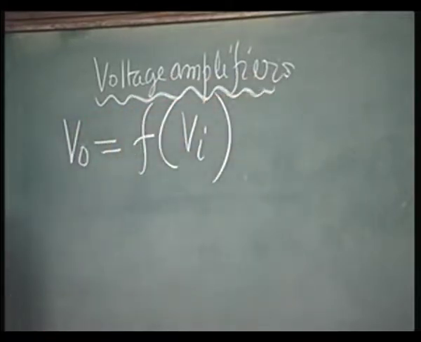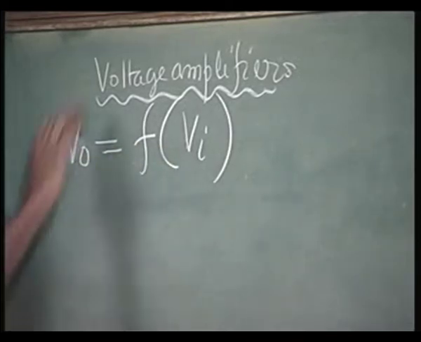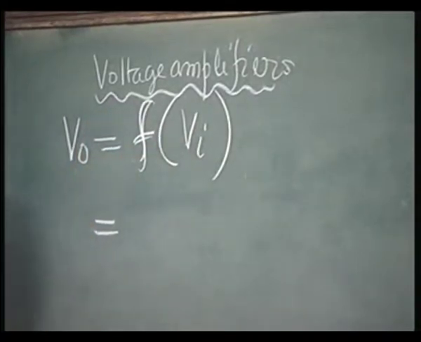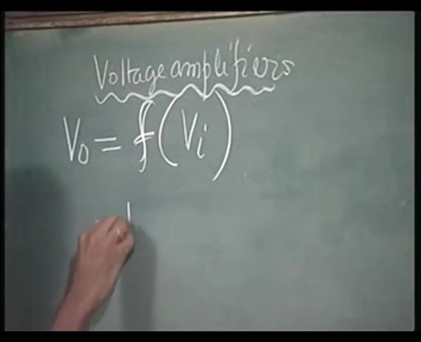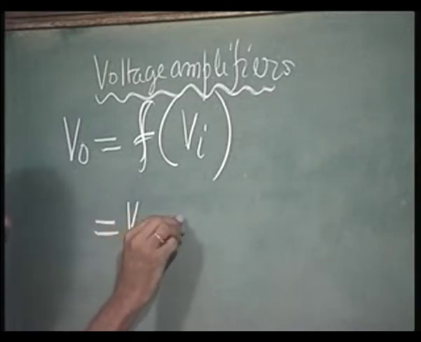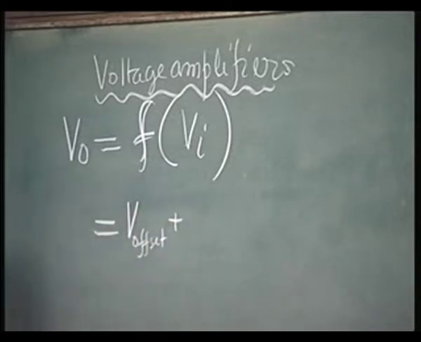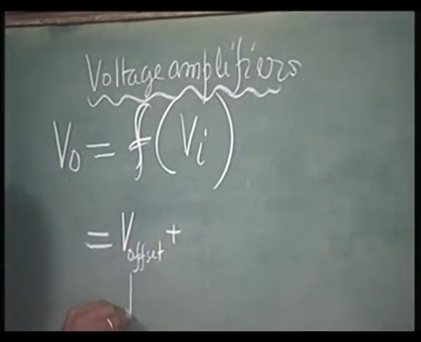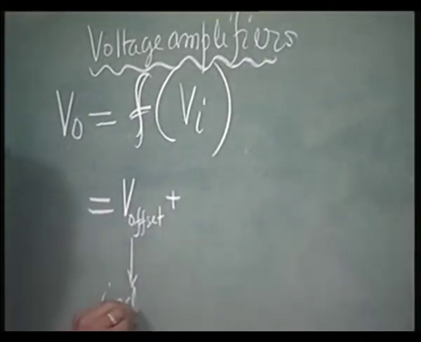Strictly speaking, in general, any device will give me an output which is a function of Vi, not just necessarily proportional to Vi. If it is a general function of Vi, then that function can be split up as something, let us call it a voltage, which is going to be called offset. This is independent of the input voltage.